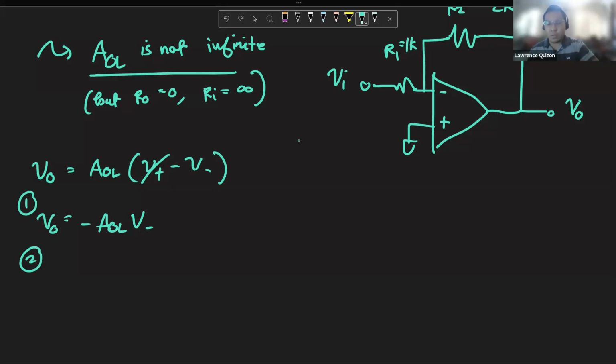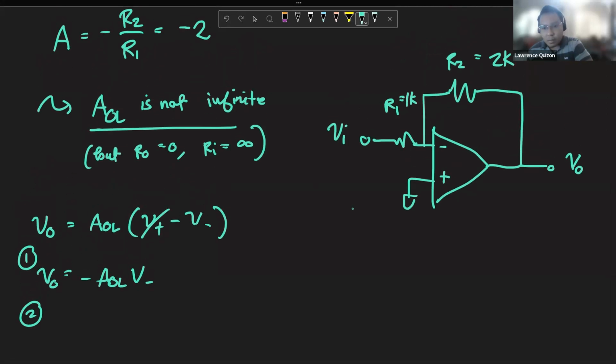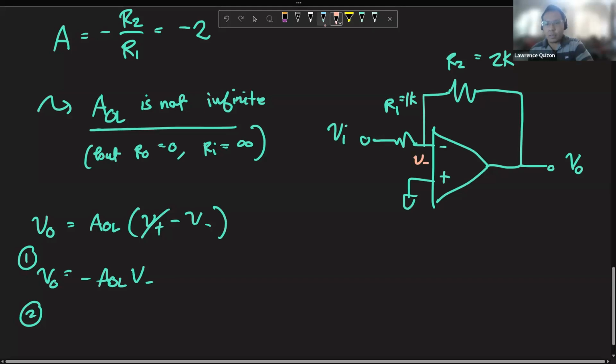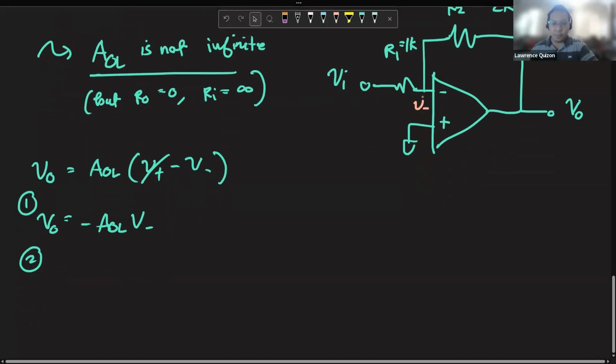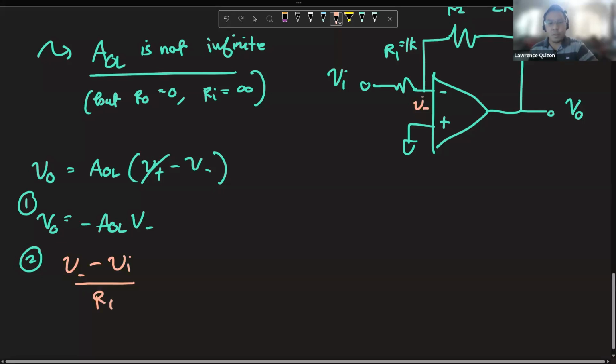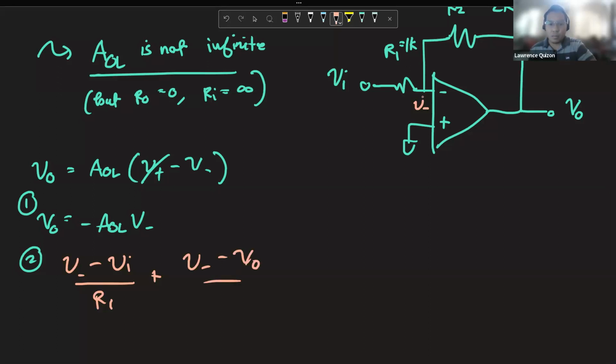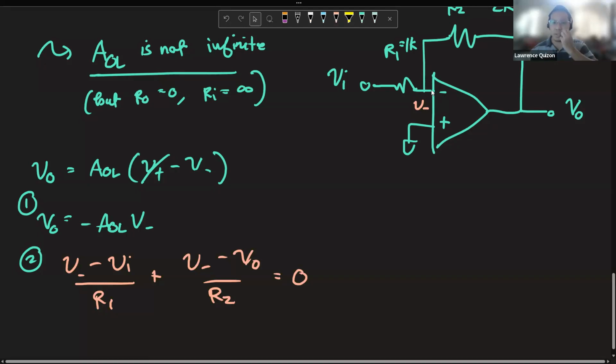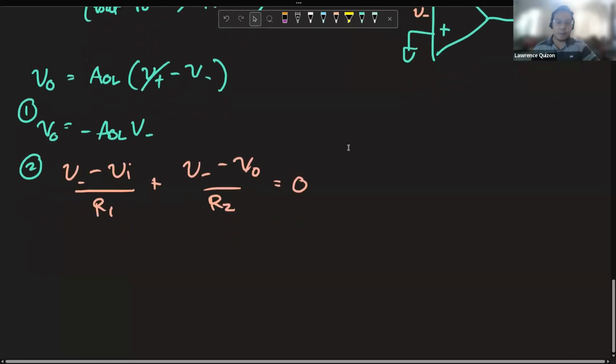Let's take a second equation by doing KCL on this node. So you have (V minus V in) over R1 plus (V minus V out) over R2, and that has to be equal to 0. Why? Because Rn is still infinite, so there's no current passing through that.